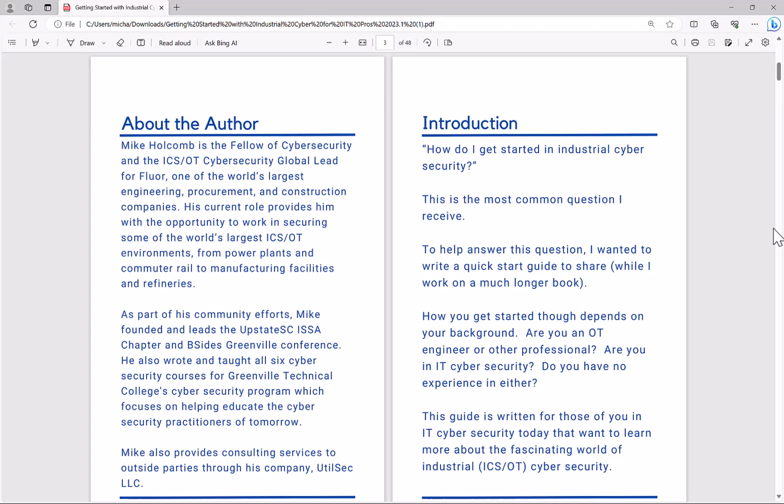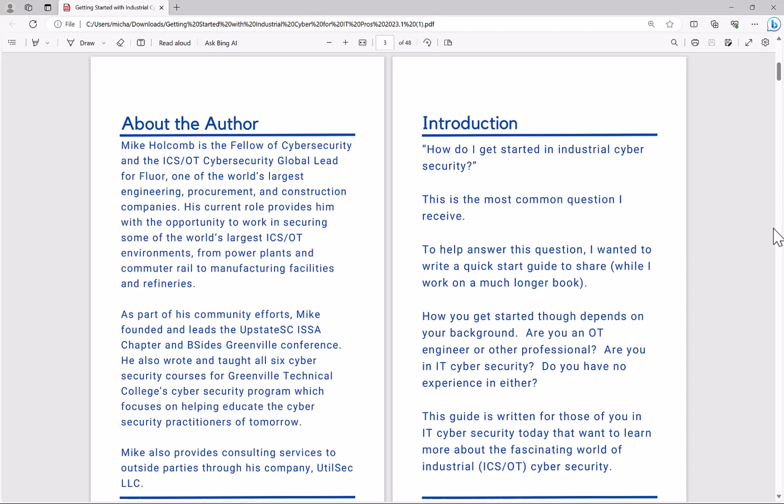I'm a traditional IT security person for just about 30 years, but started getting into industrial control security in 2010 when news of the Stuxnet incident had come out, and then just shortly after that, I started working at one of the world's largest engineering companies, so it was a perfect fit. Now I lead the global ICS OT cybersecurity practice there.